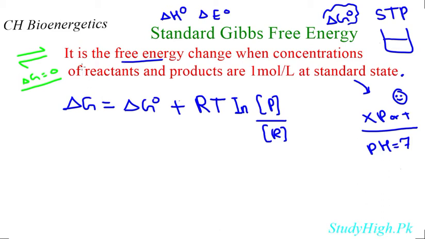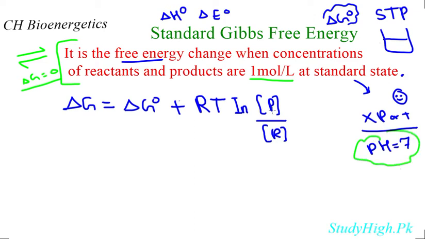But just for explaining this definition, what will happen if the concentration of products and reactants become 1 mole per liter? To calculate the standard Gibbs free energy, there are two conditions. One, the concentration of reactants and products should be equal to 1 mole per liter. Second, it should be measured at standard state, which is pH 7.